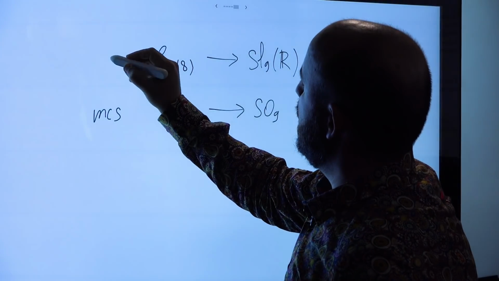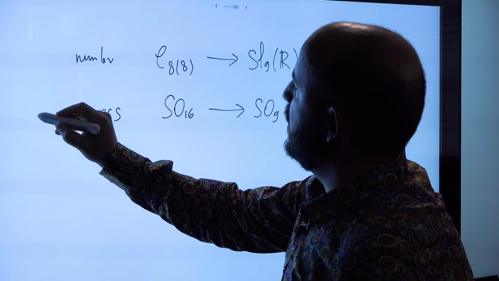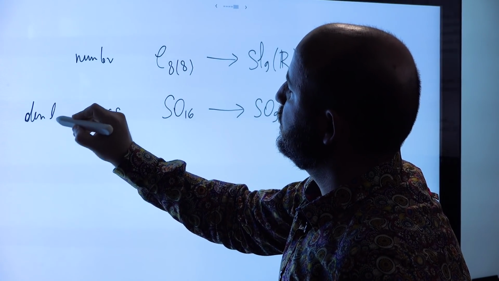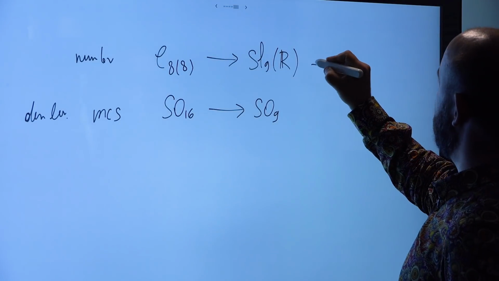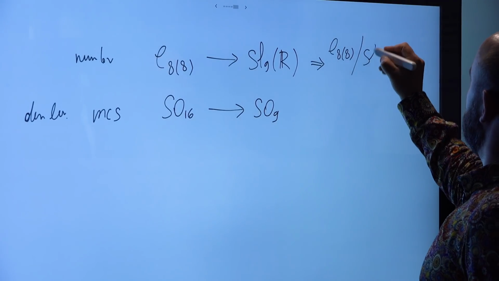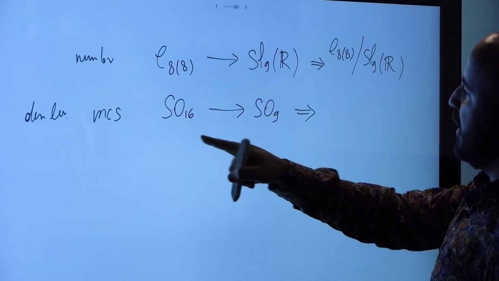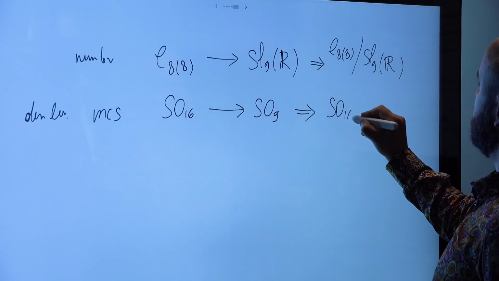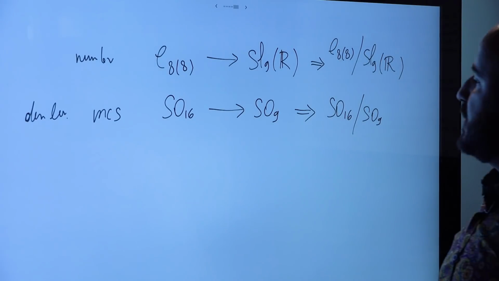So this is the numerator level, and this is the denominator level. Essentially this gives rise to this coset. Let me write this way. And there is an analogous coset, which is SO16 over SO9.